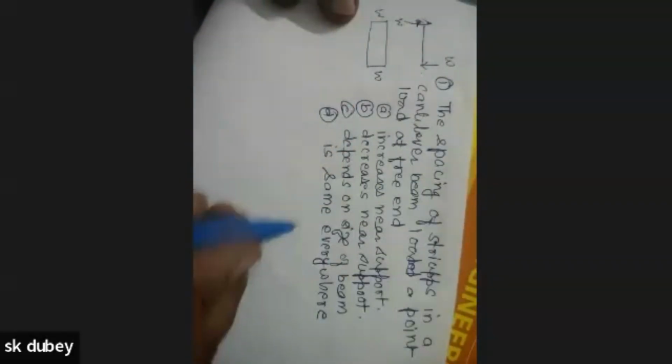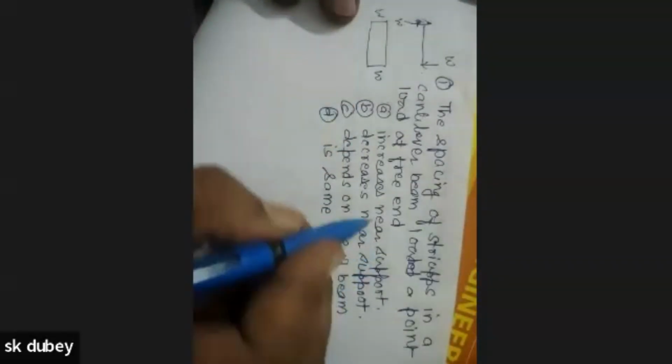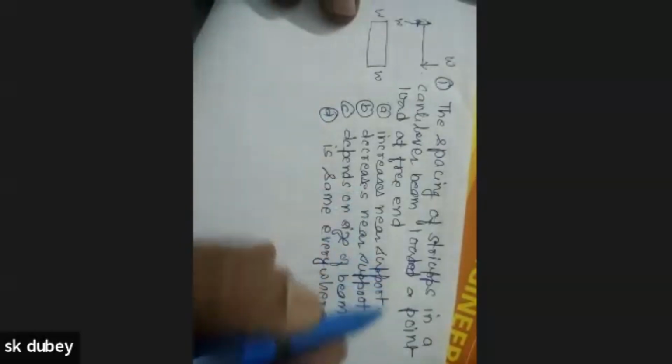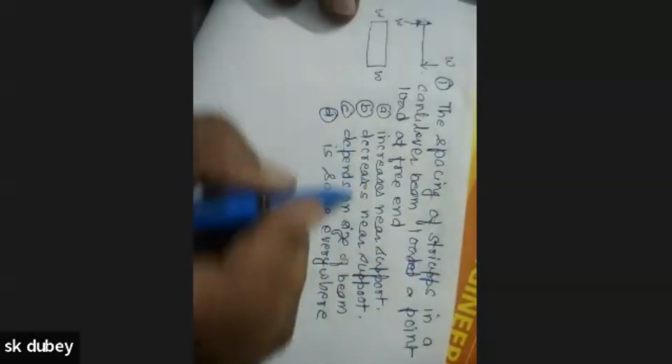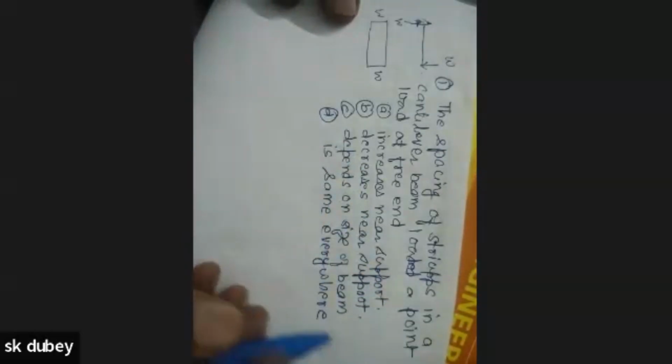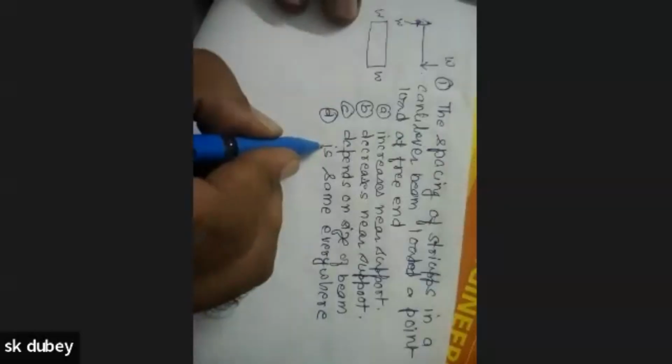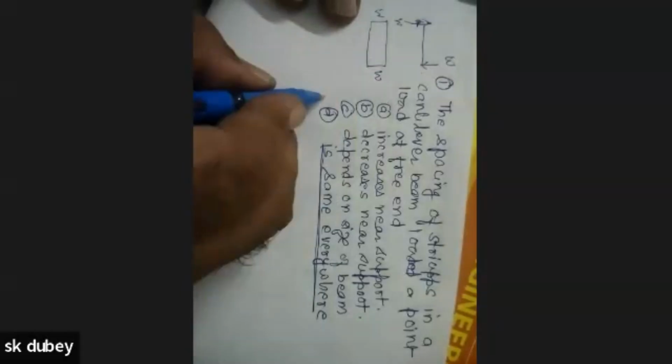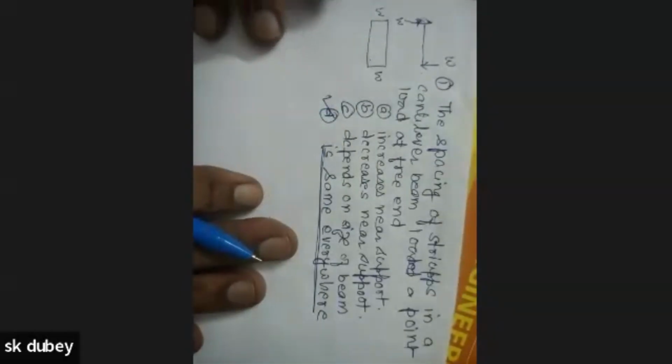When shear force is the same throughout, it is a bluffing question. Generally, we think it increases near the support, but no. It will not even decrease. It does not depend on size either. It will be the same throughout, same everywhere. And the reason is that the shear force diagram is like that. That will be the answer for this.